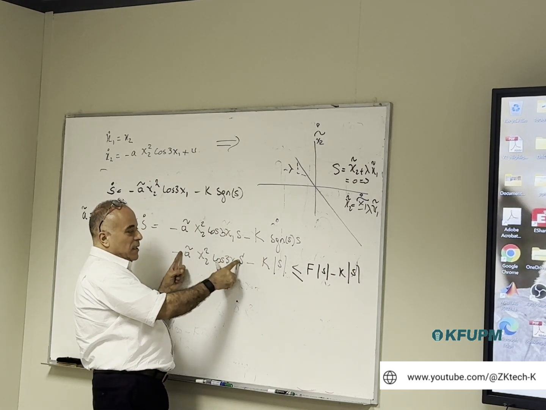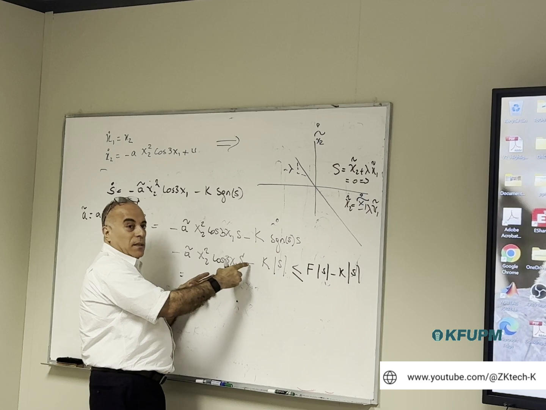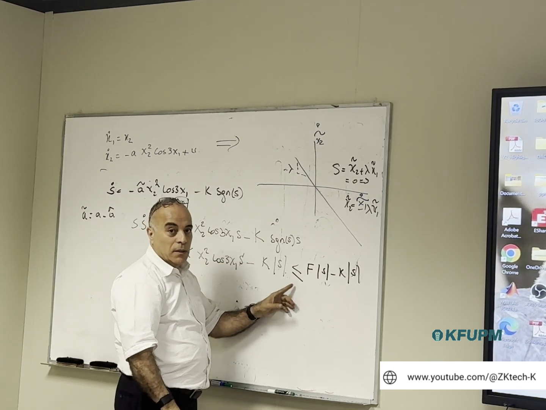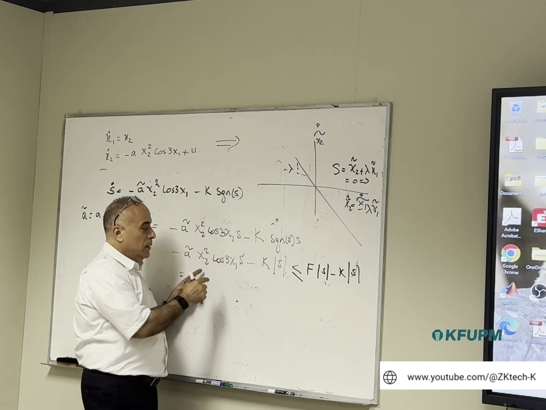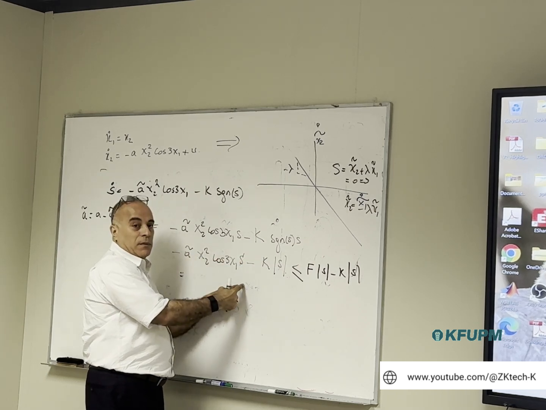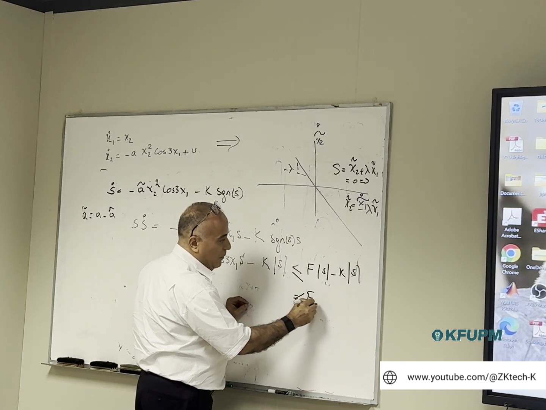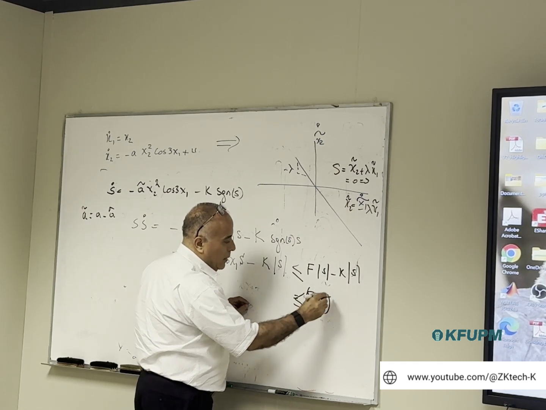Normally it's k times s, but s can be negative or positive, so I'm not able to write less or equal. To make it bounded, I need to also take the absolute value of s. And this will be equal to f minus k, the absolute value of s.